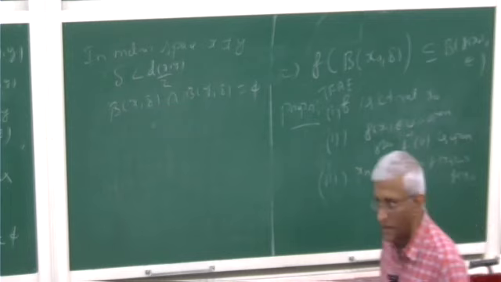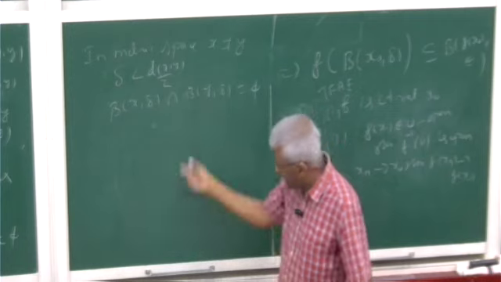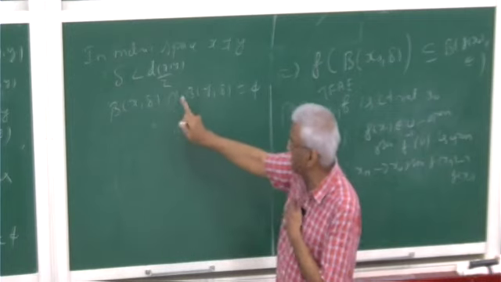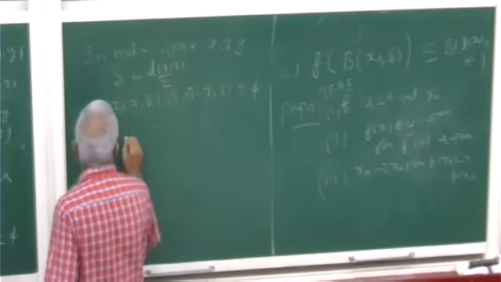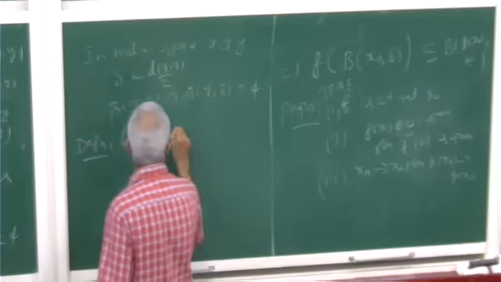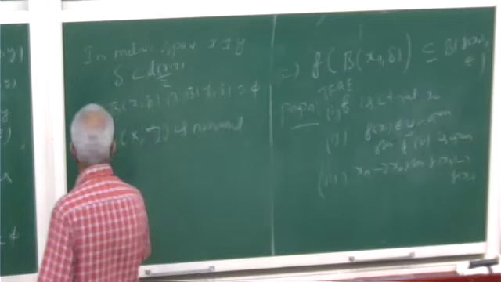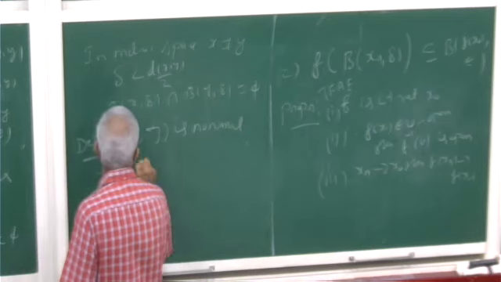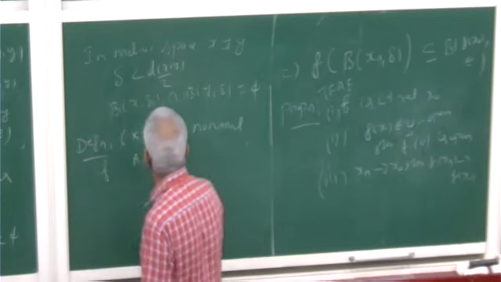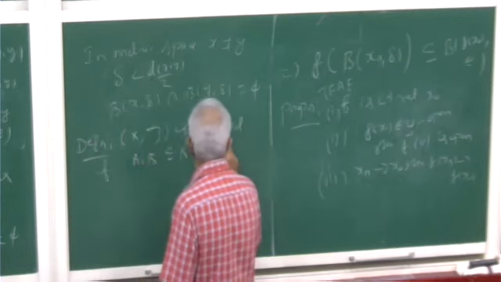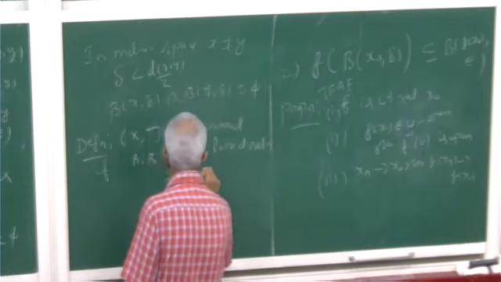So this statement is the same as the following statement, except that here x and y are singletons. I will write the following statement. The next definition: a topological space (X, tau) is said to be normal if A, B contained in X are closed sets such that A intersection B is empty.